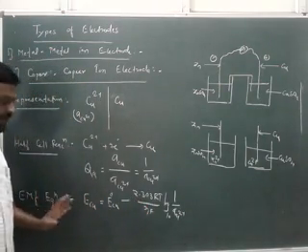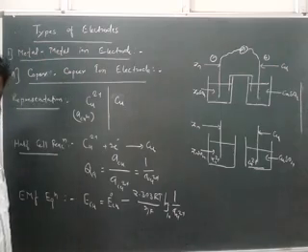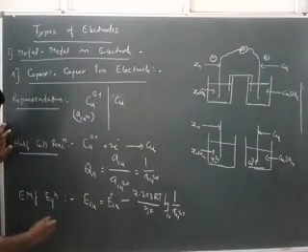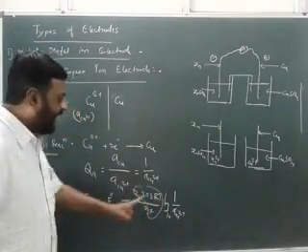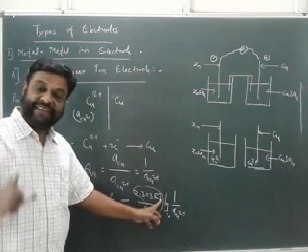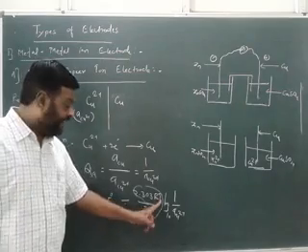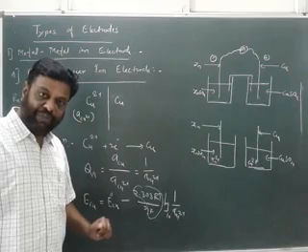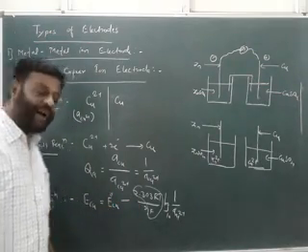And at 25 degrees Celsius, what is the equation? At 25 degrees Celsius, R is equal to 8.314 joule per Kelvin, T is 25 plus 273, that is 298, F is equal to 96500. So this factor is equal to 0.0591.